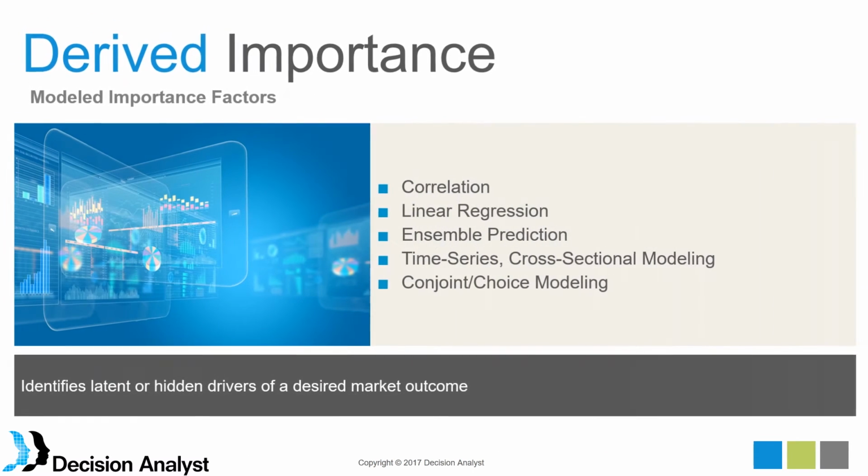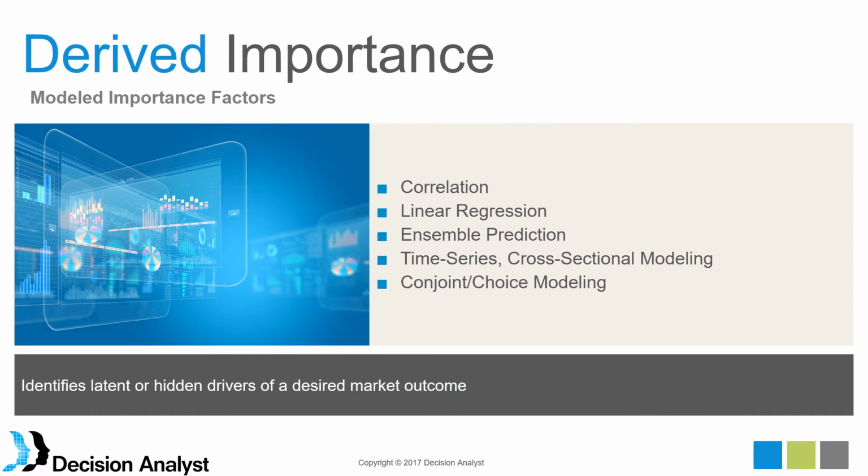The second major category of key drivers are called derived drivers, and these identify potential latent or hidden influencers of a market outcome. These are mostly developed via statistical modeling. The drivers themselves may not be those that a respondent can directly articulate.